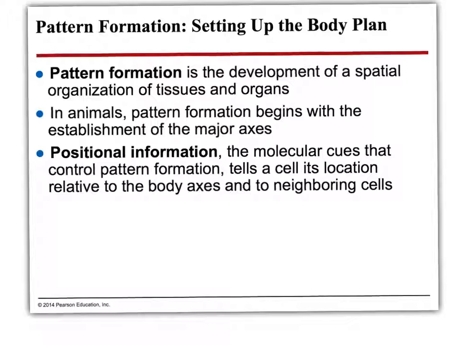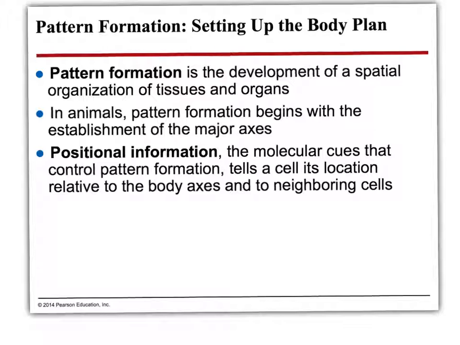Because insects have a distinct head and a distinct back. Legs are someplace where wings are not. This is important for pattern formation. It's a spatial organization of tissues and organs, where things are.